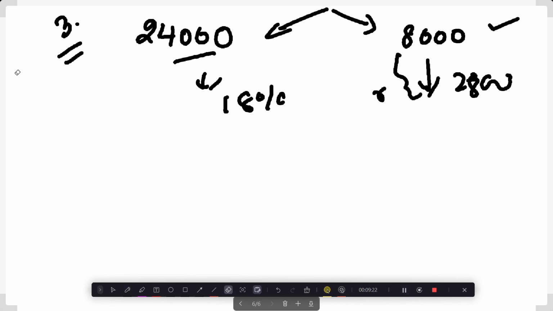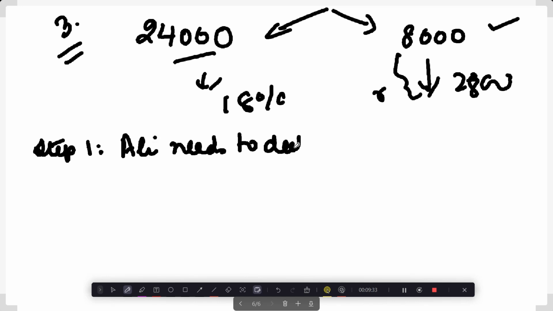Okay, let's begin step 1. Understanding the problem. Ali needs to determine whether the offer by the shopkeeper is good.